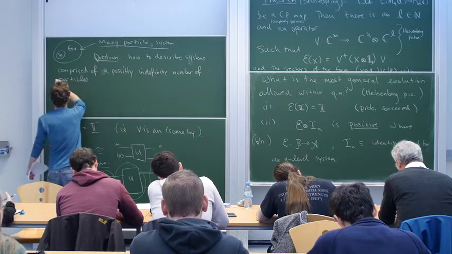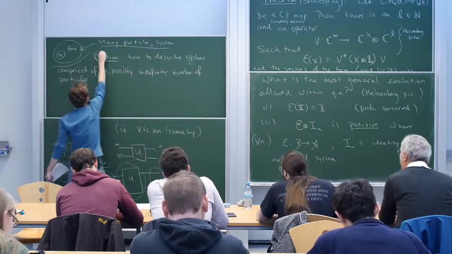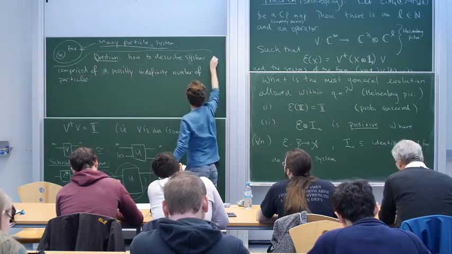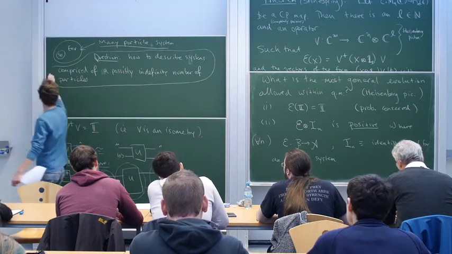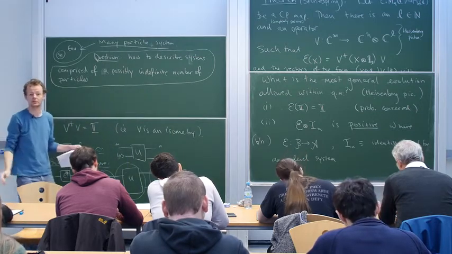That's the question we're going to concern ourselves with today. How are we going to describe systems in quantum mechanics that are made of a possibly indefinite number of particles?